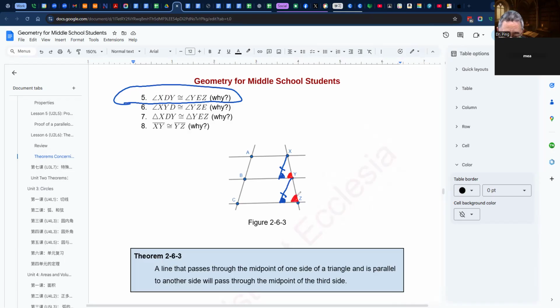That is the corresponding angle between those two parallel lines. So triangle XDY is therefore congruent to this triangle. And why is that? What theorem do we use when looking at number 7?